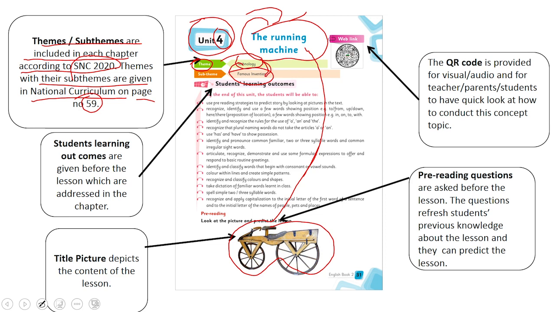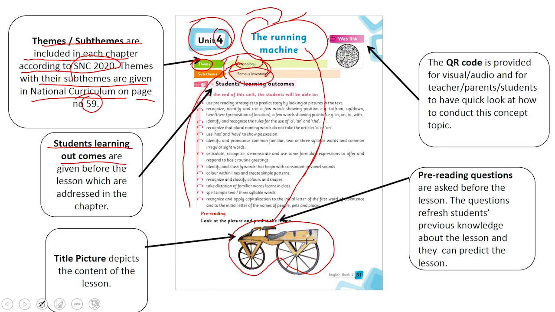These are related to each other. The content is designed or written on these themes or sub-themes. These 3 are related. Bicycle is a famous invention, and it is also a technology. So our unit or chapter is related with theme and sub-themes.